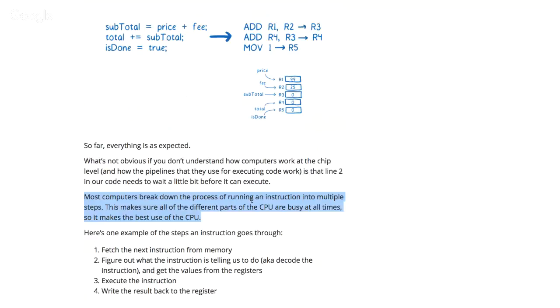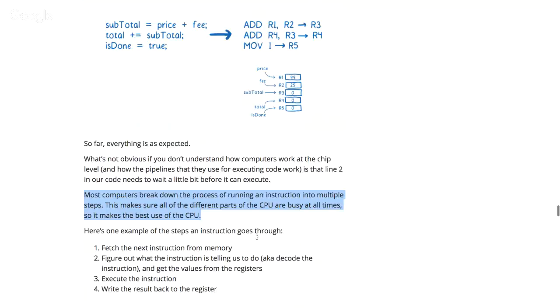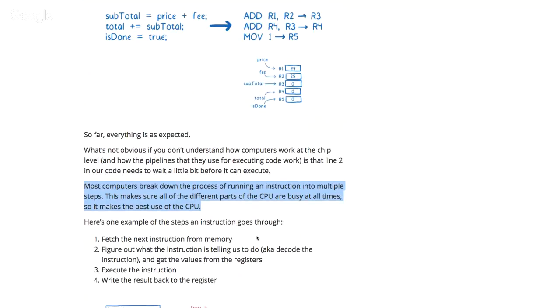This makes sure all of the different parts of the CPU are busy at all times. So it makes the best use of the CPU. Okay. So it looks like most computers break down the process of running an instruction into multiple steps, so that way the CPU is optimally utilized.